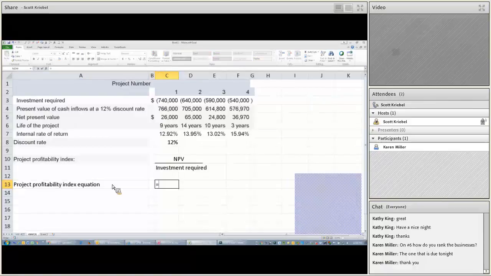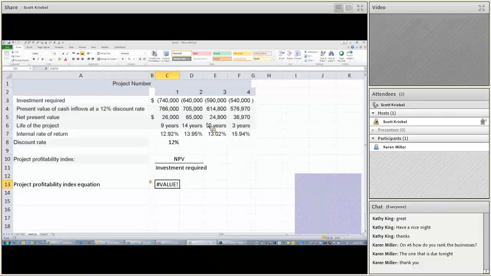We're just going to take our NPV, which they've calculated for us, and we're going to divide that by the investment required, which in this case is the 740,000. And of course, these aren't truly numbers, so my little formula here is not going to work perfectly for me. So let's just make some adjustments to these so we can actually use them.